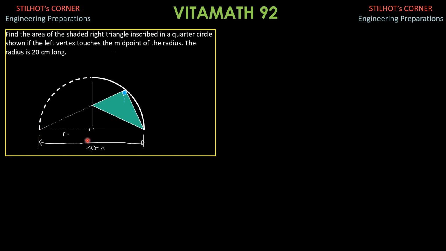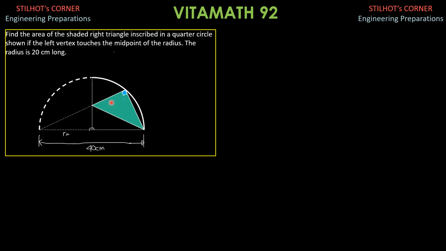Because the radius is 20 centimeters long and this is the midpoint, then this is r over 2, which is 10 cm long.